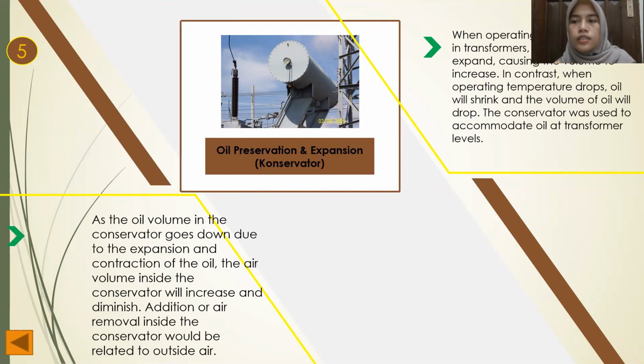The conservator is used to accommodate oil at transformer levels. As the oil volume in the conservator goes down due to the expansion and contraction of the oil, the air volume inside the conservator will increase and diminish. Addition or removal of air inside the conservator will be related to outside air.